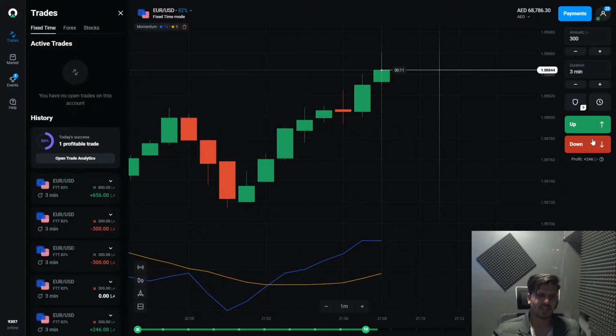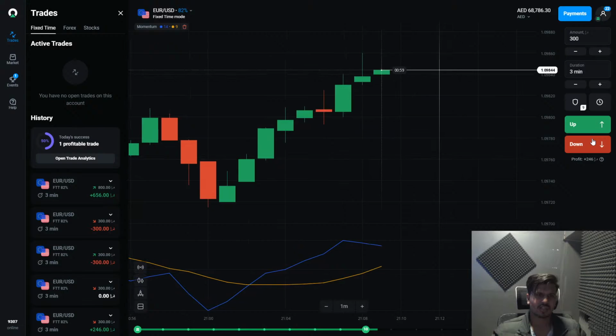Let me make the down trade. It's moving upward, upward, upward. Let's see whether the next Japanese candlestick forms to the down or upward.